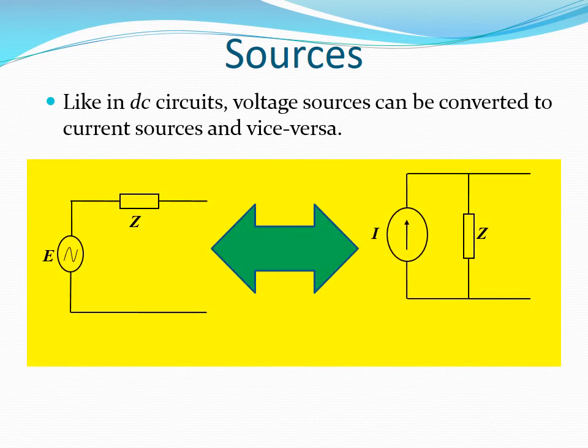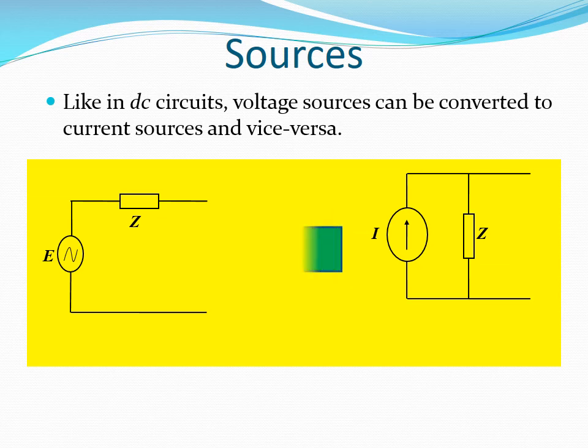We can convert an AC voltage source into an equivalent AC current source. To convert an AC voltage source into a current source, the current is calculated as the AC voltage rating over the source impedance.